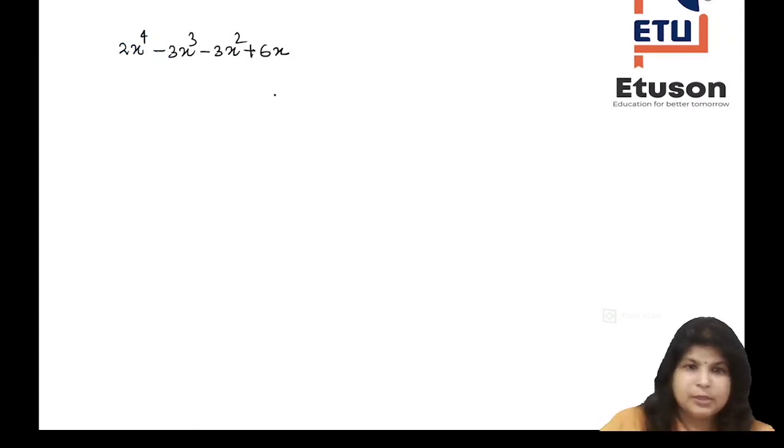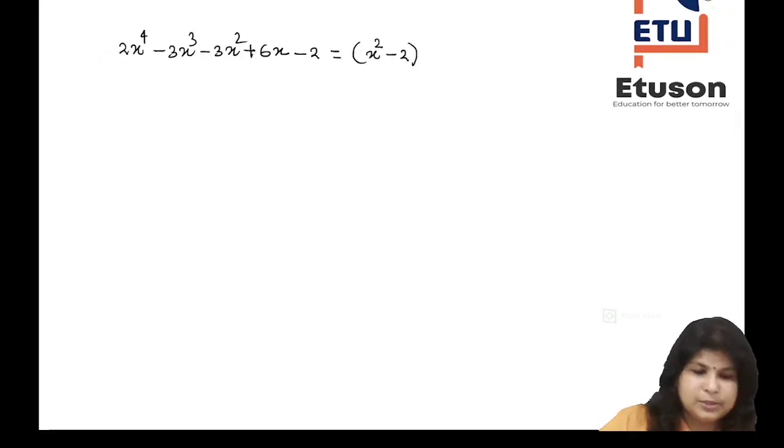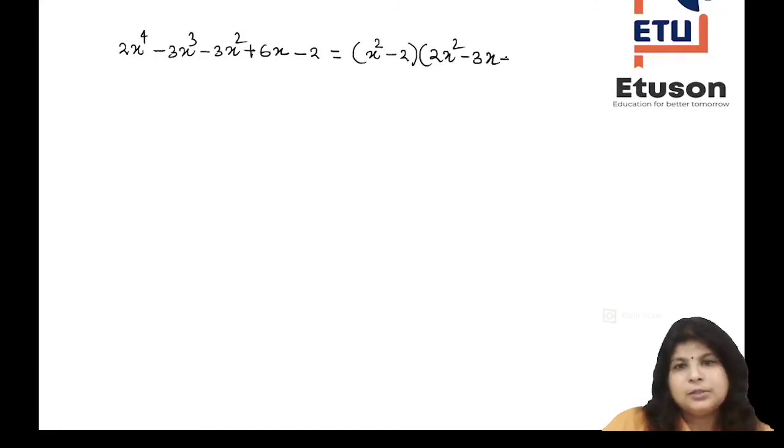Minus 2 is equal to, what was your first factor? X square minus 2. What is your second factor? You have got the quotient, that is 2x square minus 3x plus 1. So we will write the same, 2x square minus 3x plus 1.